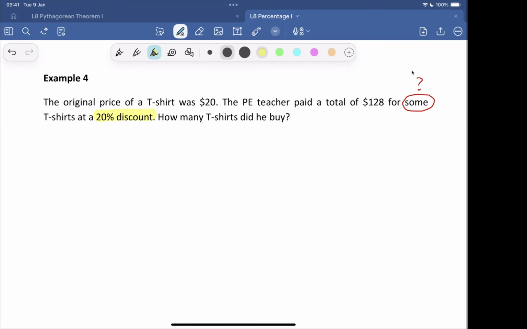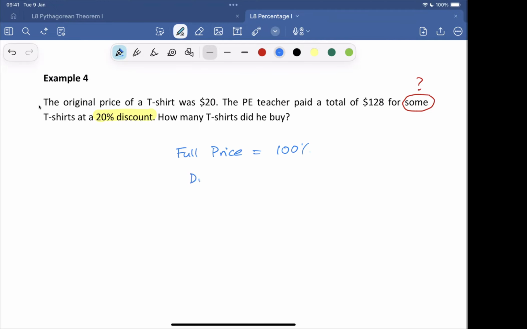So can I ask Lawrence? Hello, Lawrence. So Lawrence, whenever you go into a shop, can you tell me how many percent is the full price? 100%. Correct. 100%, because 100% is one whole, right?